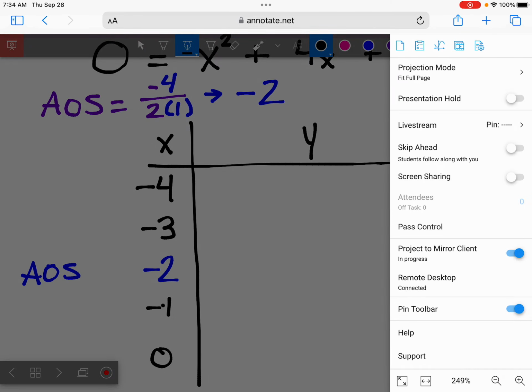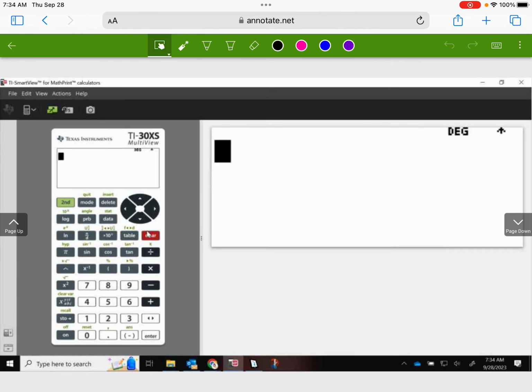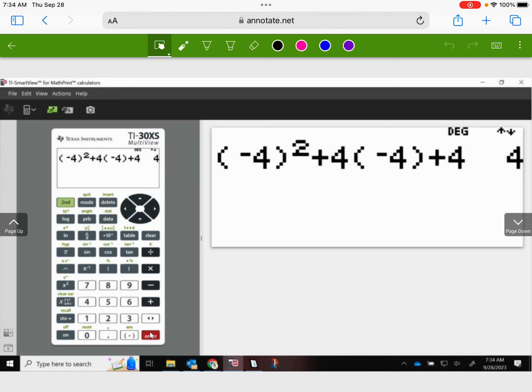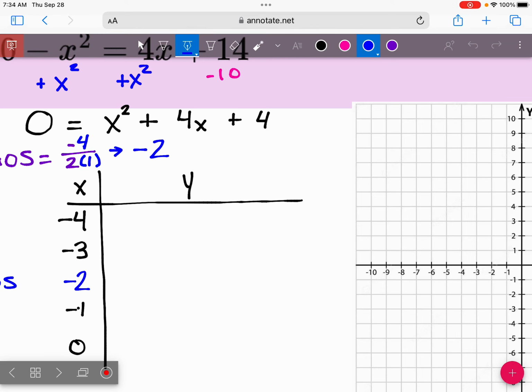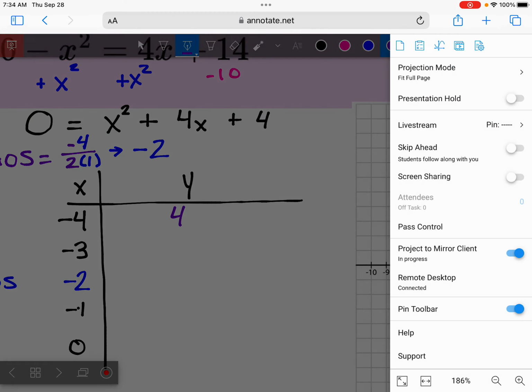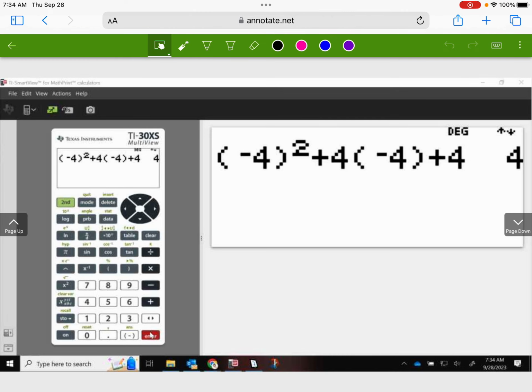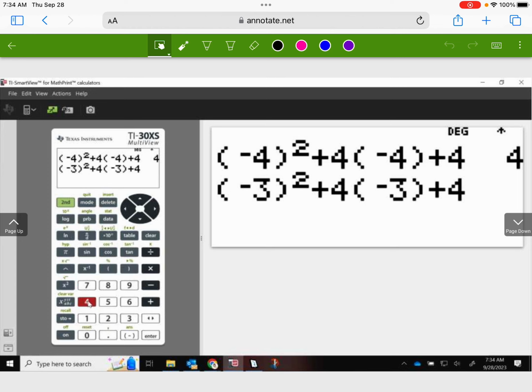So we'll start with the negative 4. We're going to take negative 4 squared plus 4 times negative 4 plus 4. And we get the point of 4. Lots of 4s there. We're going to do the same thing with the negative 3. Negative 3 squared plus 4 times negative 3 plus 4.